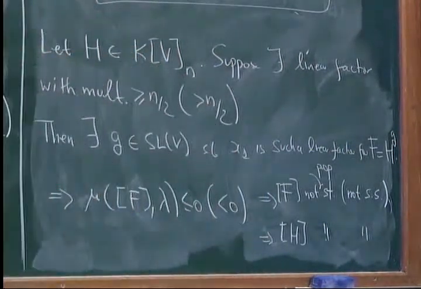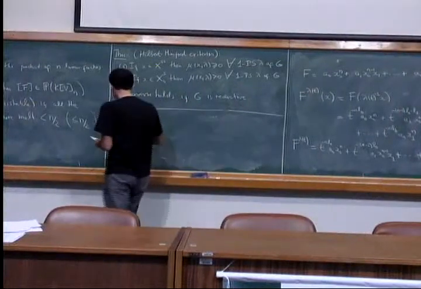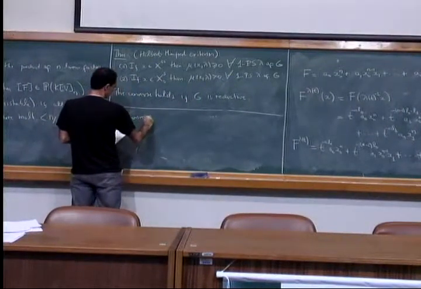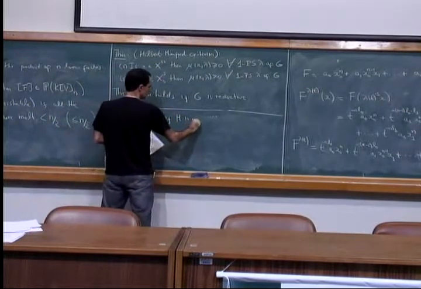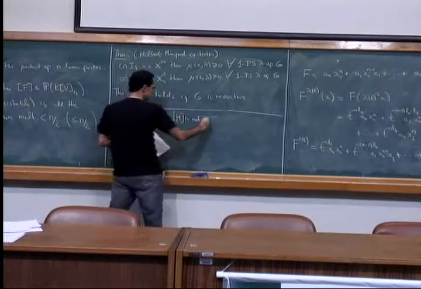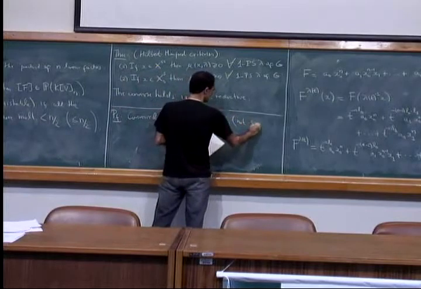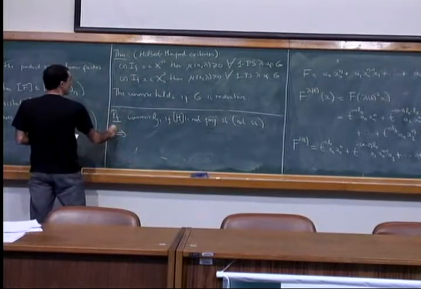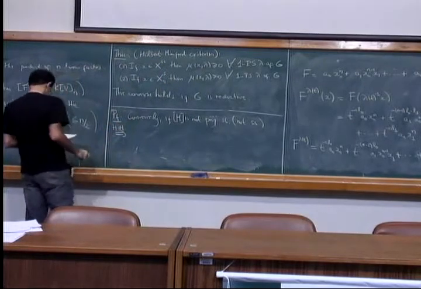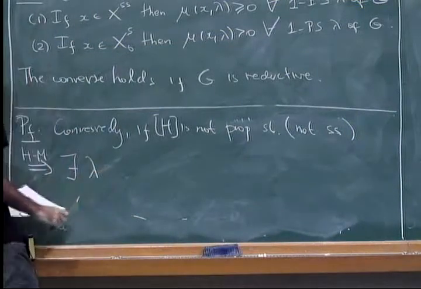And conversely, so conversely, if h is not properly stable, respectively not semi-stable, then by the theorem, so by Hilbert-Mumford, we're using it another time, there is a lambda, right?